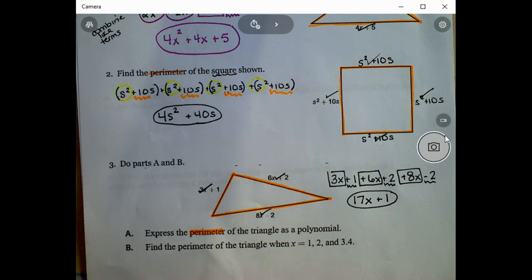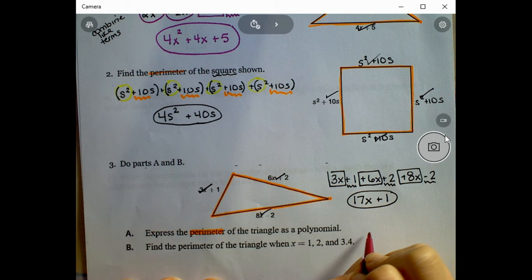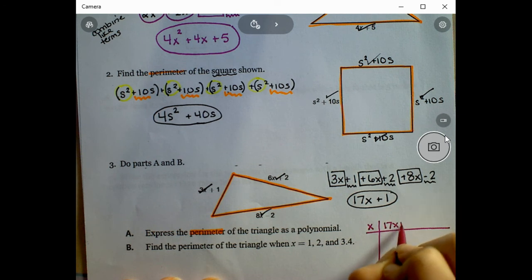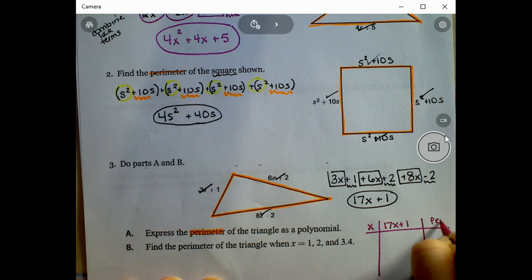Part B says to find the perimeter when x is 1, 2, and 3.4. So you may remember this from earlier. We would make a chart kind of like this. We have x, our expression. We used to do it with y, but this time we're just going to find the perimeter. We're going to try it with x is 1, 2, and 3.4.